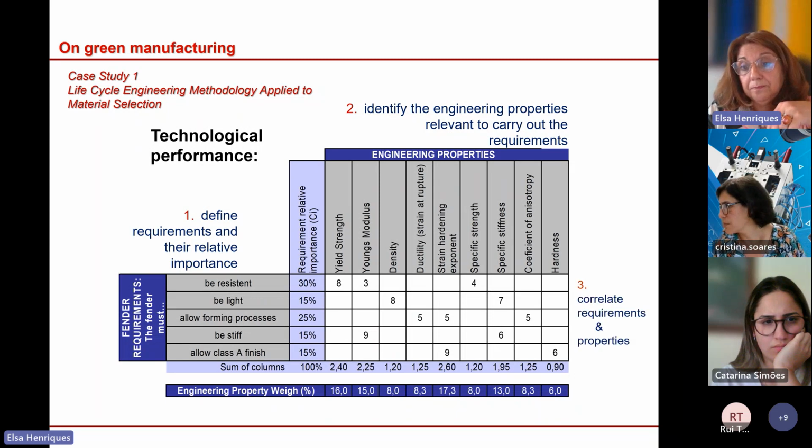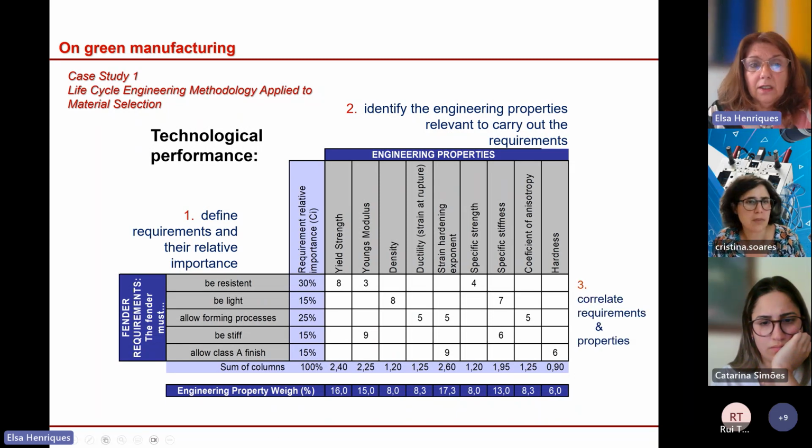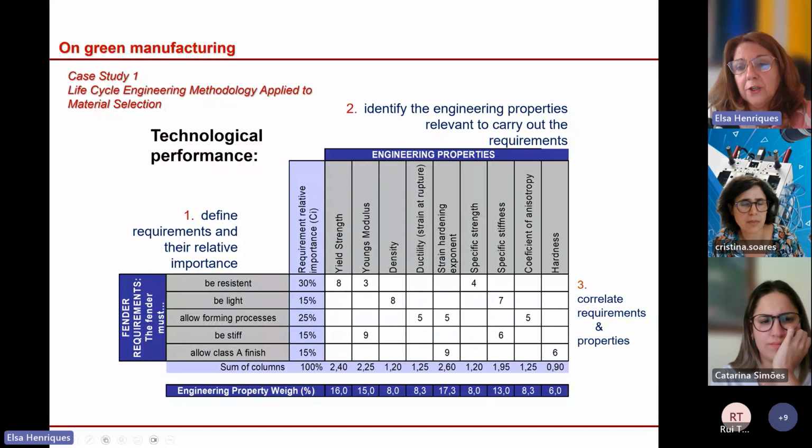And we can correlate the requirements with the engineering properties. That's nothing new. That's something that engineering designers are used to doing, to understand how you are going to achieve the requirements that the fender must have.